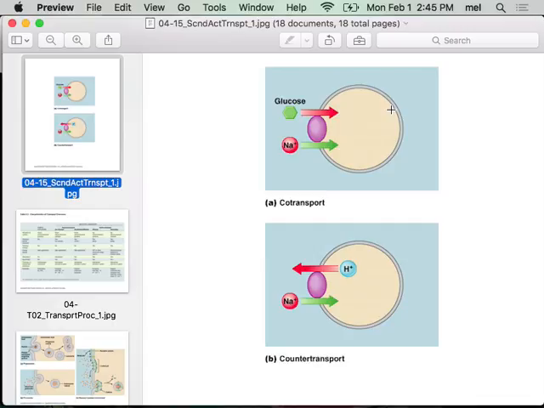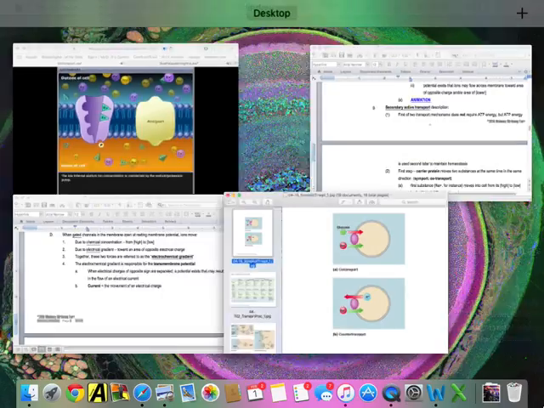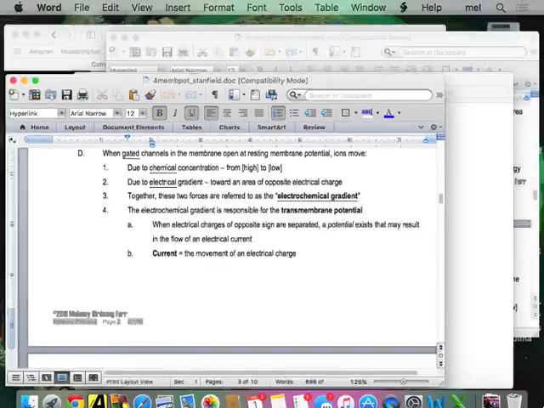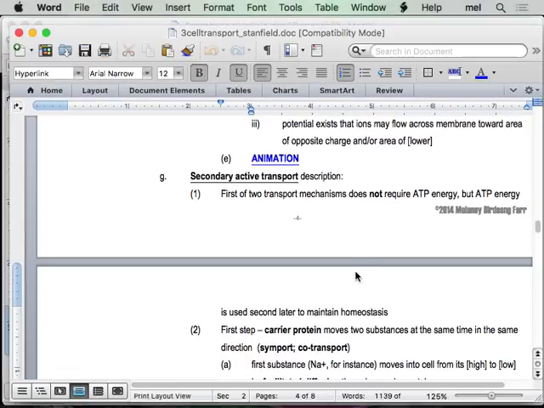Facilitated diffusion. This is simply facilitated diffusion with the hitchhiker, right? Still facilitated diffusion, yeah? You're diffusing something through a carrier. You're just bringing something along with you, okay, without paying for it, okay? So this is facilitated diffusion. So the first step is facilitated diffusion, and then the second step is going to be active transport.